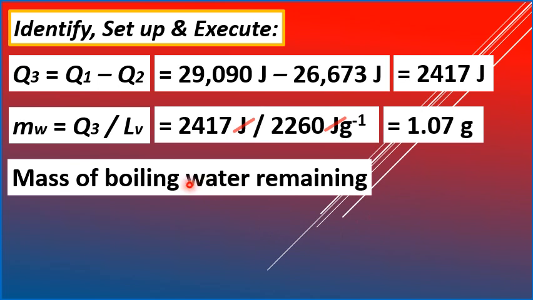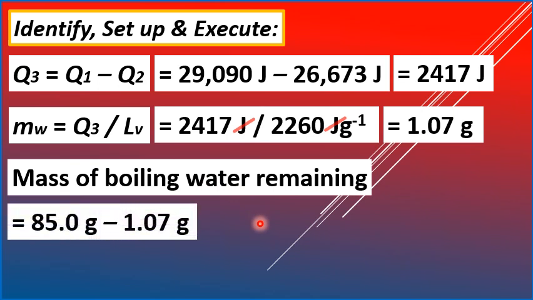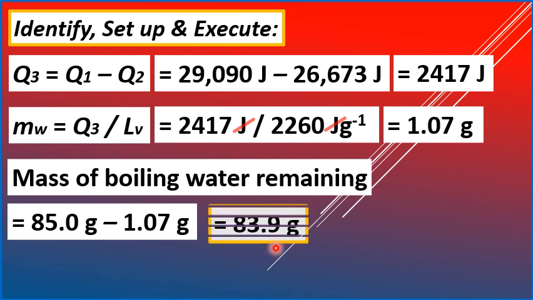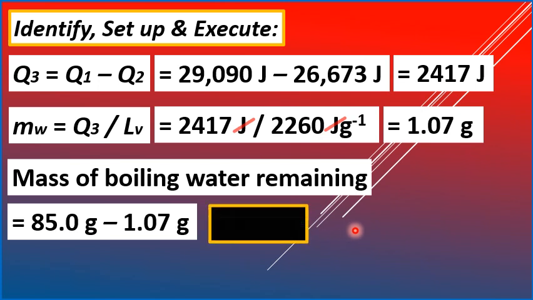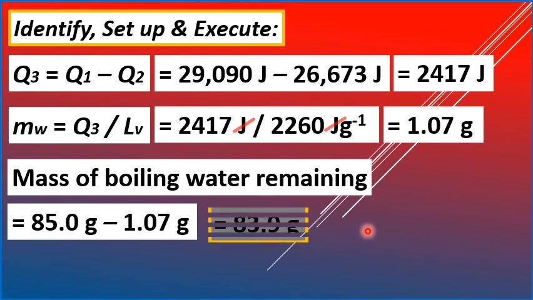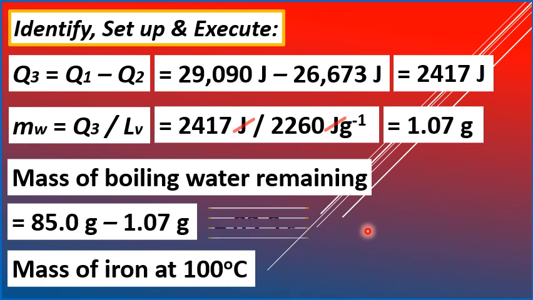To get this mass of boiling water, we simply get the difference of the original mass of water, which is 85.0 grams, minus the amount of boiling water that has turned into steam, 1.07 grams. So that gives us 83.9 grams of boiling water remaining.